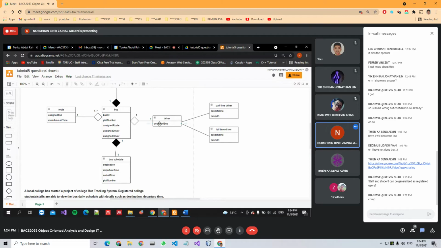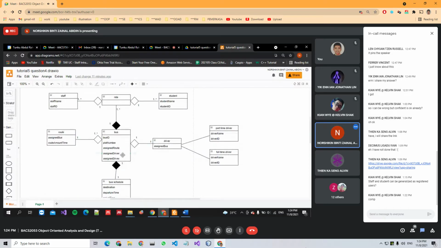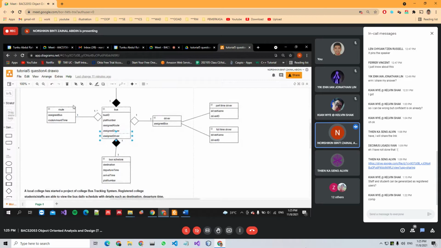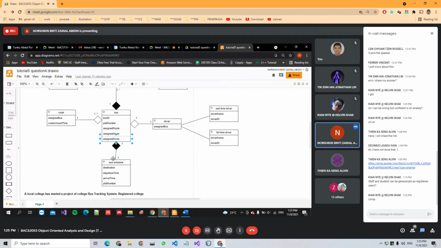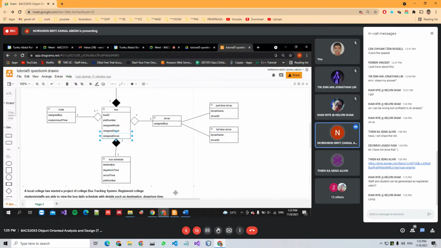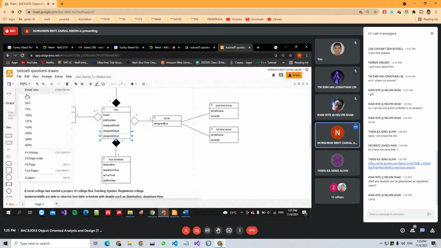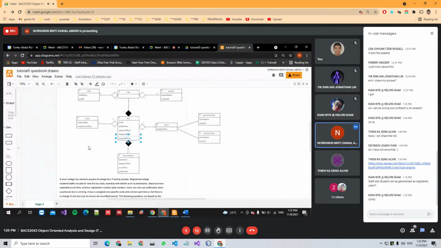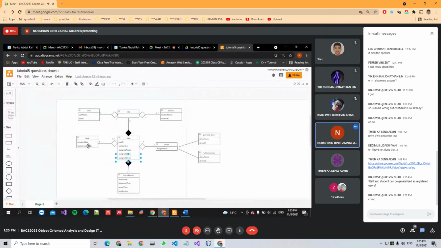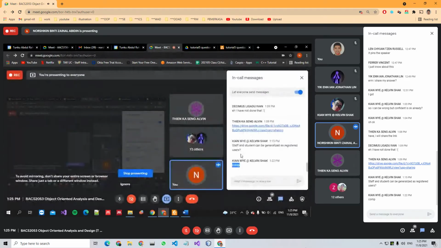And bus to bus driver is a composition relationship. So this is the correct diagram, with the correct relationships for the classes just now.